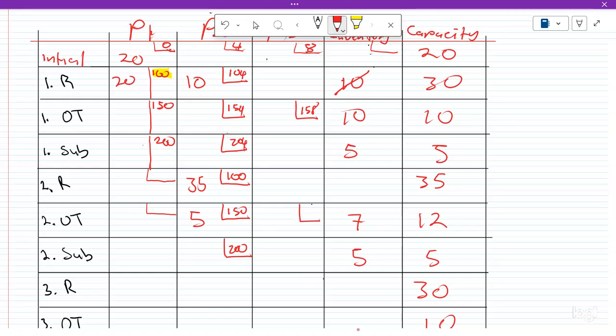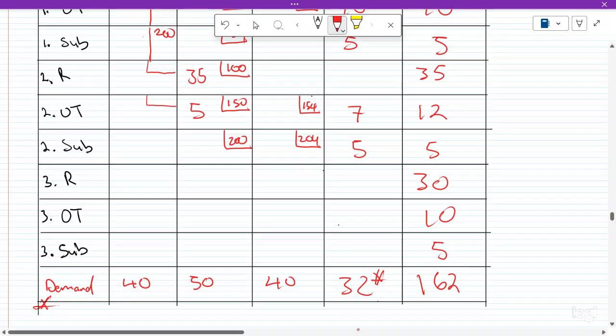This one is still outstanding at 154. And then this one is still outstanding at 204. Okay, then now we're trying to balance these ones. Now we're starting afresh on this period 333, as you can see.